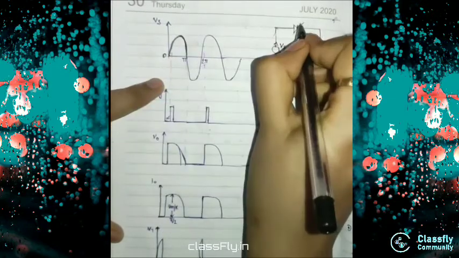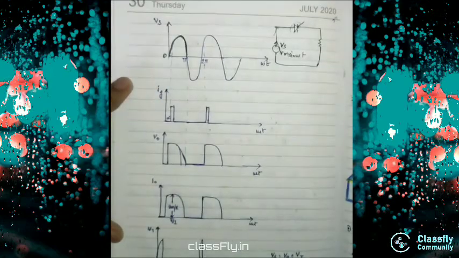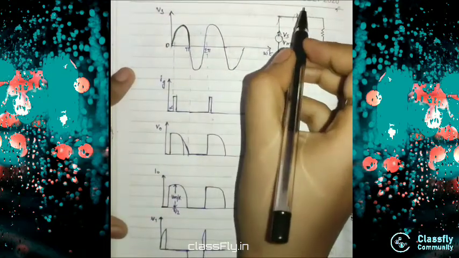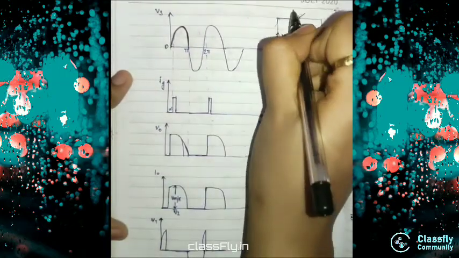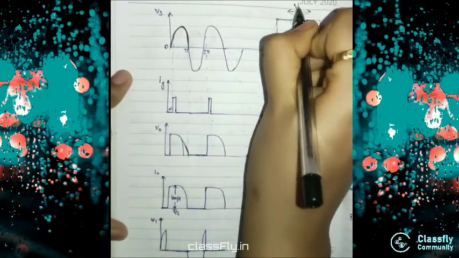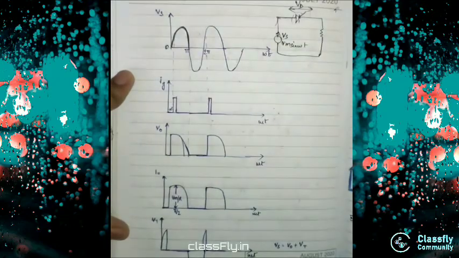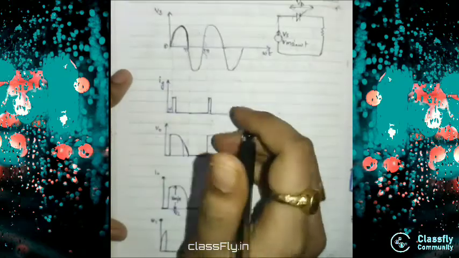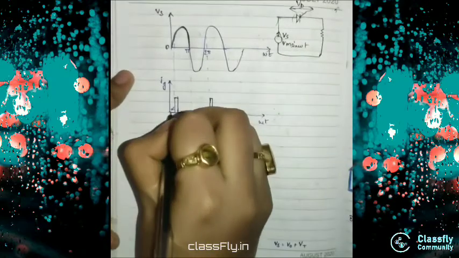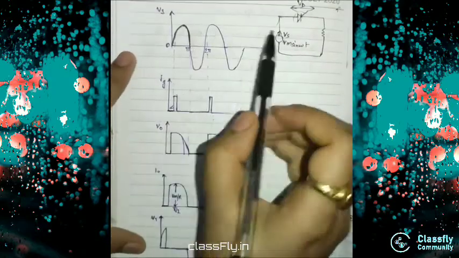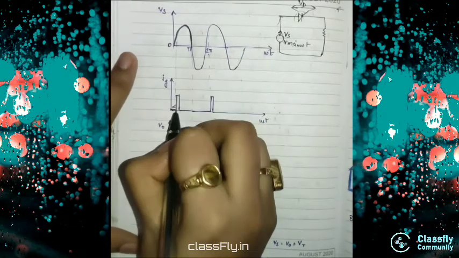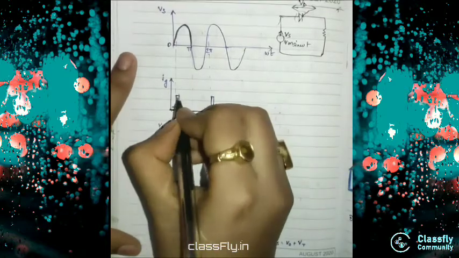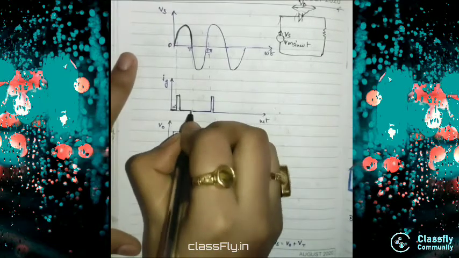But as I told, this SCR needs that firing edge. So till then there will be no supply, but there will be continuous voltage drop across this SCR until it gets the firing. So this Ig, which will be your triggering point, firing point, till it doesn't get the firing angle, it will be like this. As it gets the firing angle, it will reach some point and again it will go down.